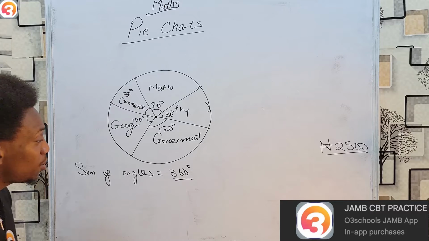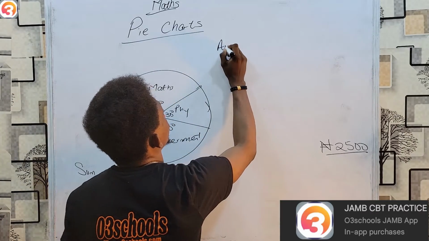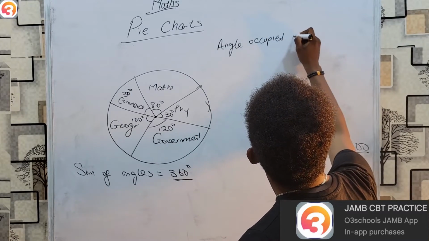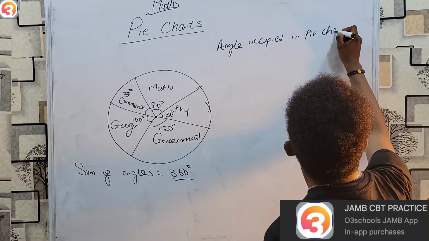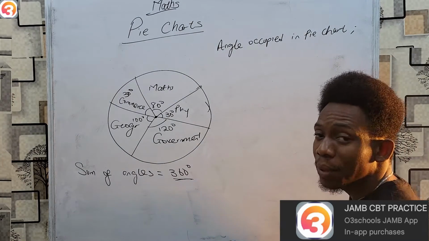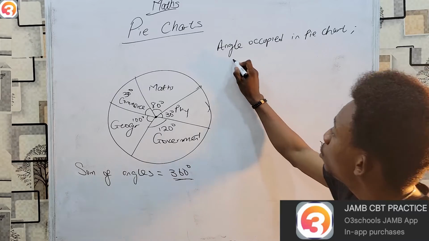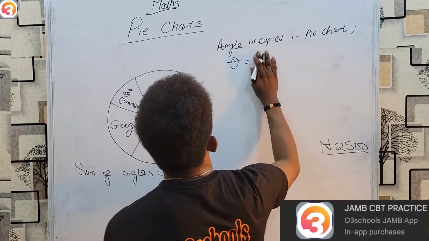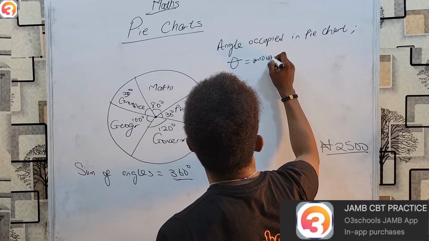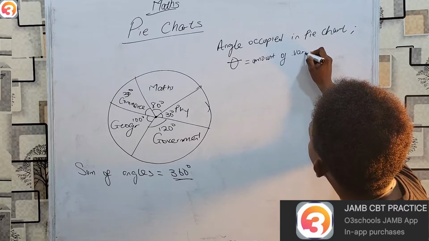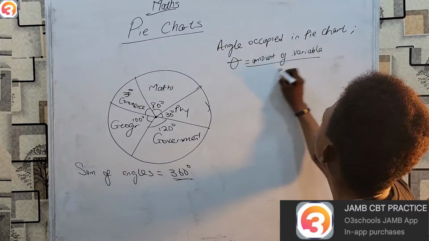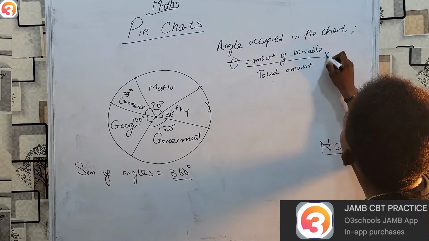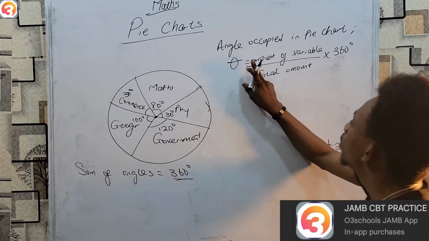Now, how do you express them, you may ask? Well, the angle occupied in a pie chart by any variable whatsoever, where the angle is represented by theta, would be the amount of that named variable, all over the total amount, times 360 degrees.